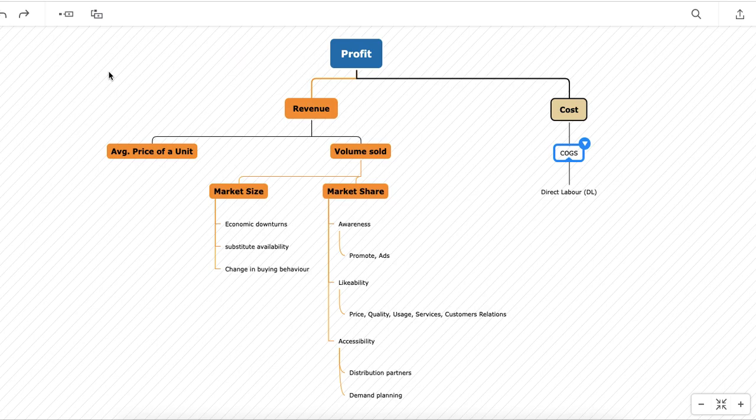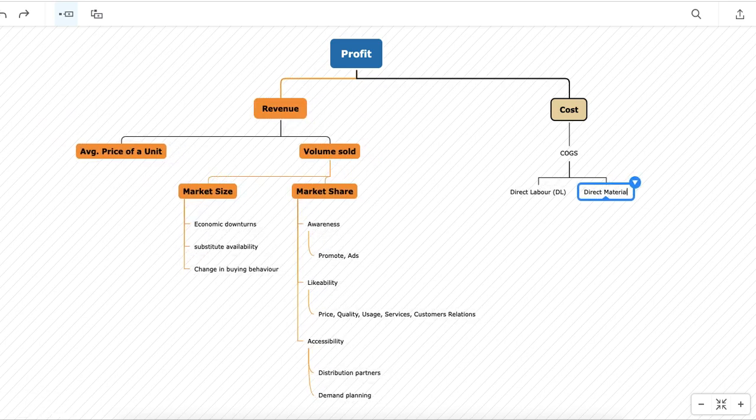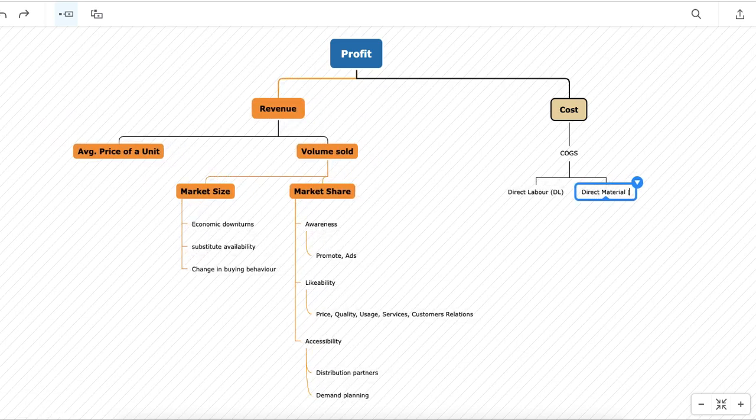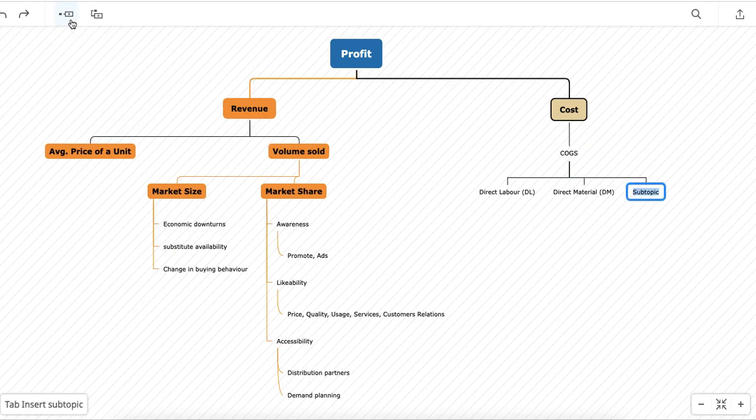Maybe I'll explain it once I take a concept session on COGS. For now, it is good enough to know that direct labor goes into COGS, direct material cost goes into COGS, and one of the other things that goes into COGS is operations overheads.